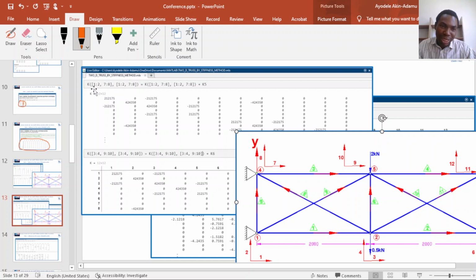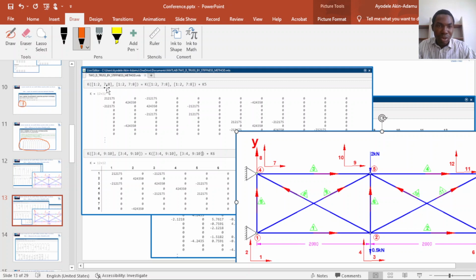You write this in square brackets for the row, and you also do the same for the column, and you add K5 to it. What you write on the right hand side, you also write on the left hand side, and you add K5 to it. So this is how we add K5 to the zero base matrix.